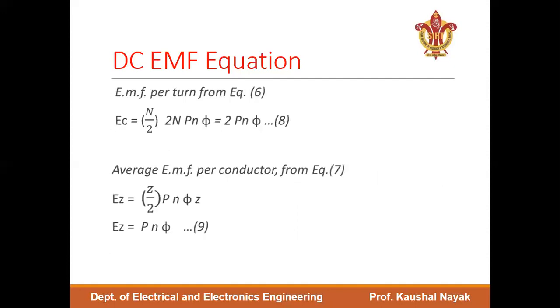The number of turns can be replaced by the total number of conductors divided by 2. So the average EMF per conductor can be calculated as Pn phi.